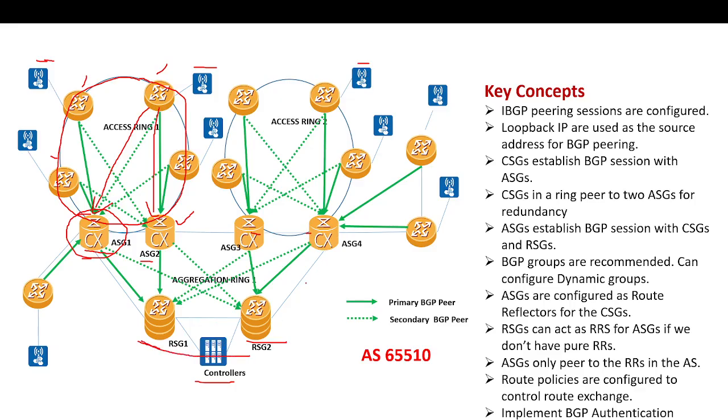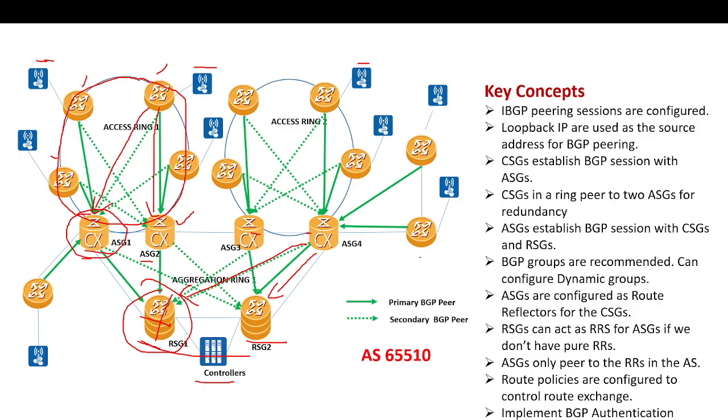So we are establishing two BGP sessions also from the ASGs to the RSGs. So we have one to RSG2, we have another one to RSG1. If we were to lose one of these RSGs, the other is still able to function and our network will operate normally without any downtimes experienced. So this is how we normally design our BGP peering sessions.